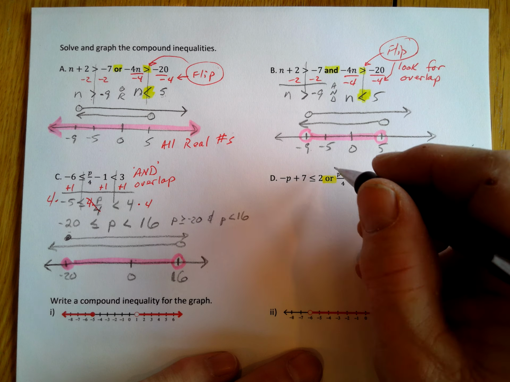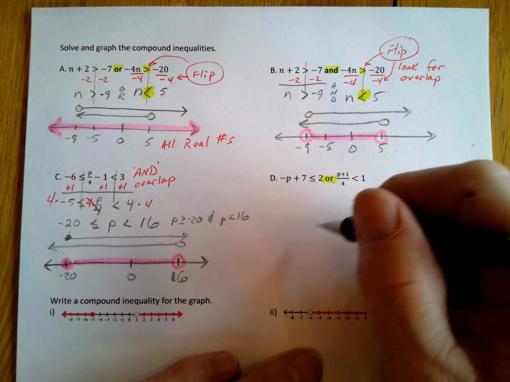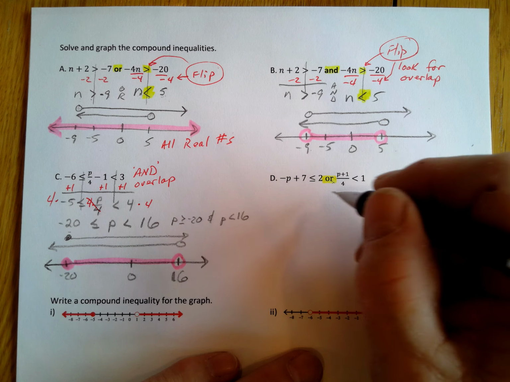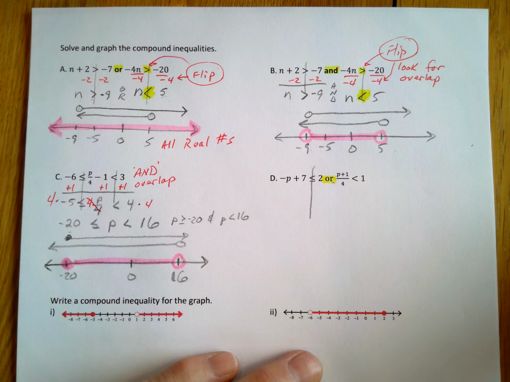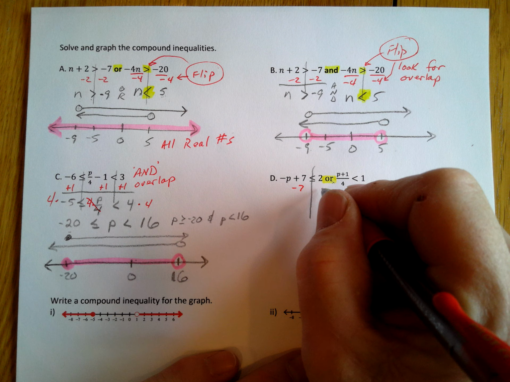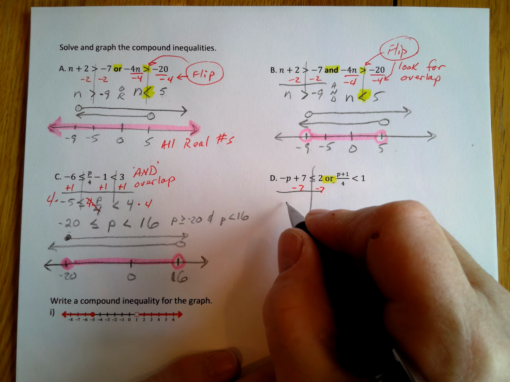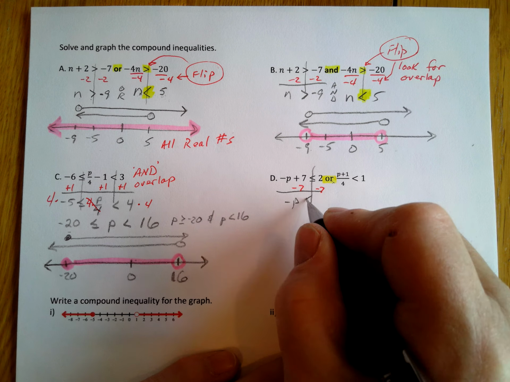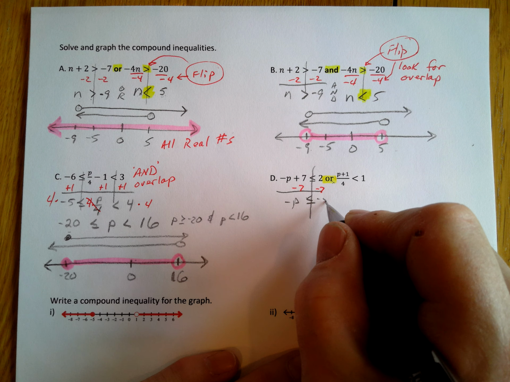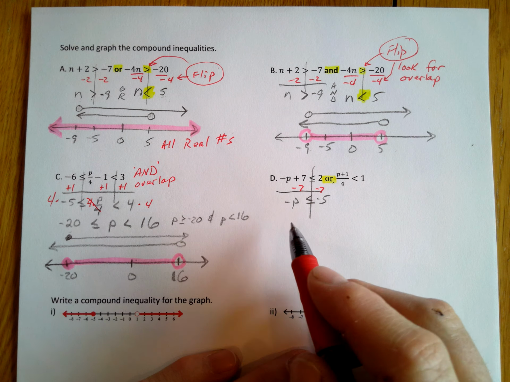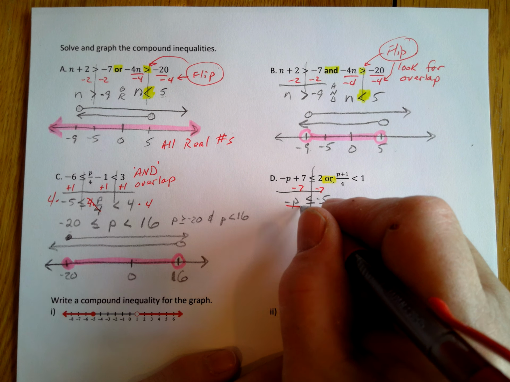Okay, so this is an or, so I'm going to work the left side first, then the right side. So I'm going to put my line down the middle. I'm going to start by subtracting 7, okay? Both sides. Negative p is less than or equal to negative 5. I don't have p, I have negative p. So I'm going to divide by negative 1.